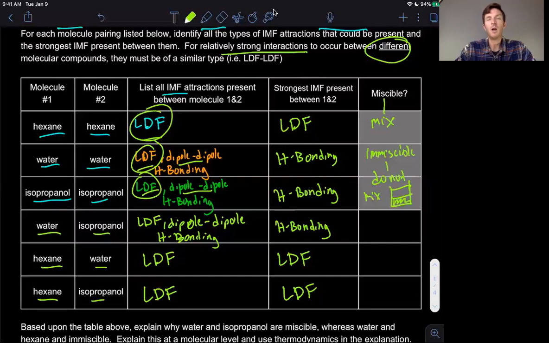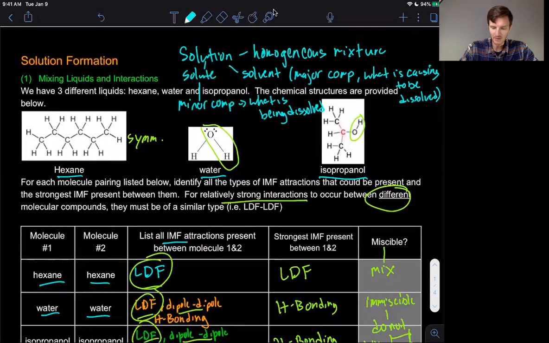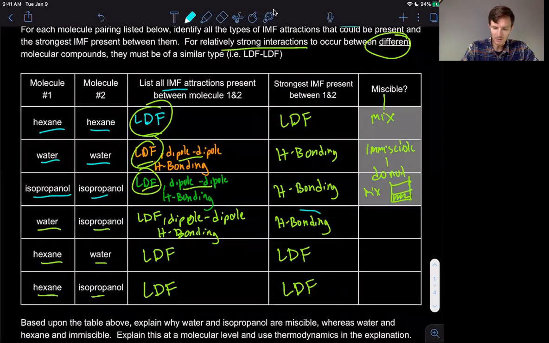Okay, so at a molecular level, what's going to affect whether something is miscible or not miscible? What we want to do is compare the kinds of interactions that those molecules can have together versus separately as individual pure substances. What we notice, for example, with water and isopropanol, is that they have the ability to undergo hydrogen bonding simply with a water-water molecule or isopropanol-isopropanol molecule.